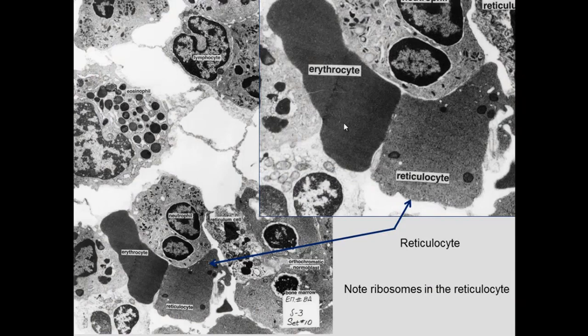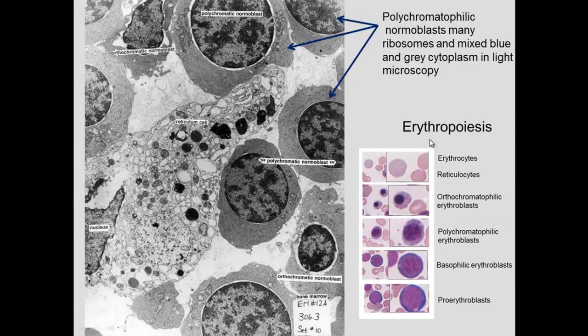Here we can see erythrocytes in an electron microscopic view, which is very dense because of the high concentration of hemoglobin. If you look at a reticulocyte, you can see a little bit of mitochondria in there, but also ribosomes. It still has the ribosomes, which give it its blue tint. If we look at a younger cell type, and we will talk about these a little later on in erythropoiesis, right in here is a polychromatic erythroblast.